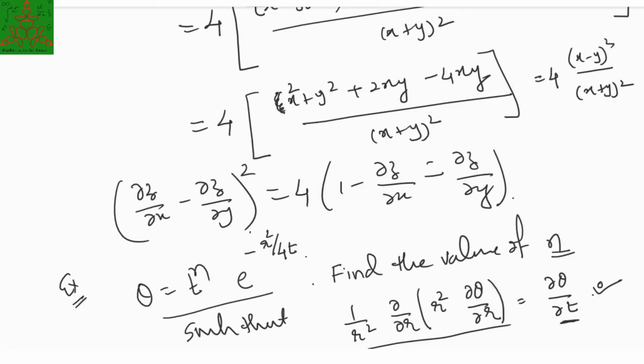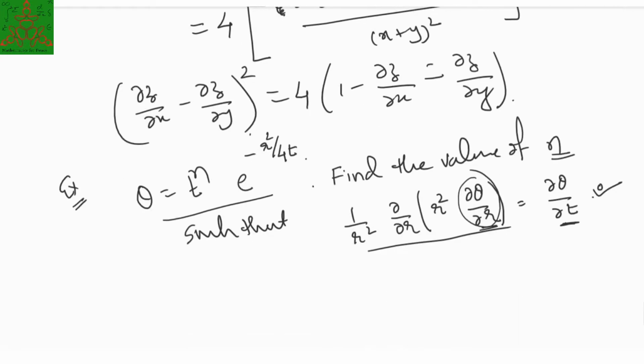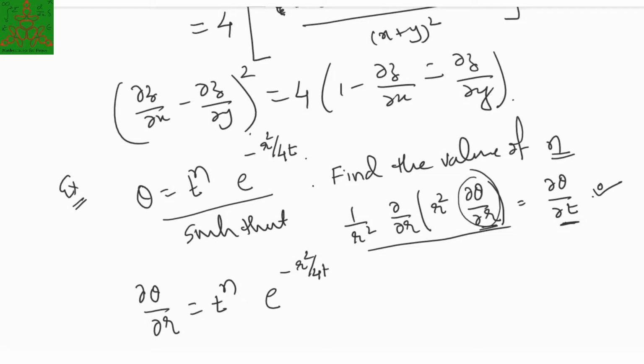So here I'm starting with this inside thing. Let us just calculate what is del theta by del r for this. So del theta by del r: t power n is constant because we are doing the partial differentiation with respect to r. Now the derivative of e power anything will be the same, and the derivative of this quantity is minus 2r by 4t.